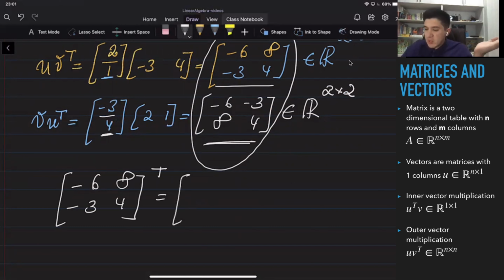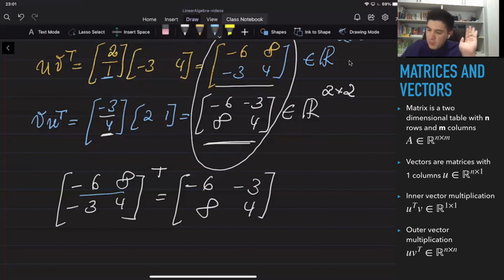So the first row, which is minus 6 and 8, is going to be written as the first column. And the second row, which is minus 3 and 4, is going to be written as the second column. That's it. This is the transposition, and this is exactly equal to this one.